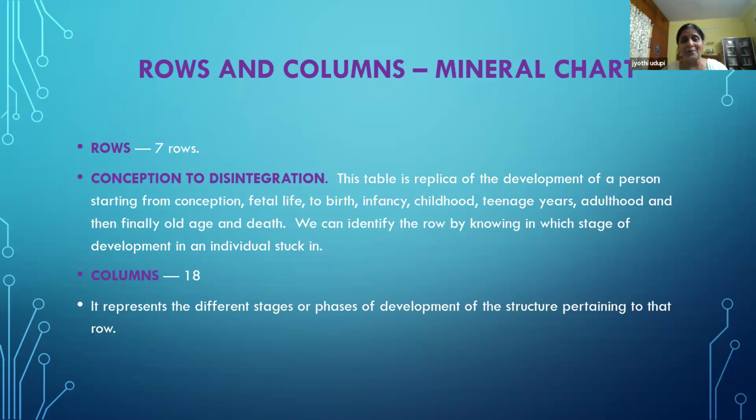It is not so easy; you really have to work hard to understand what the mineral chart is, what rows, what columns. But once you understand, it is a beautiful thing which will happen to your practice. Practice never becomes boring for you.